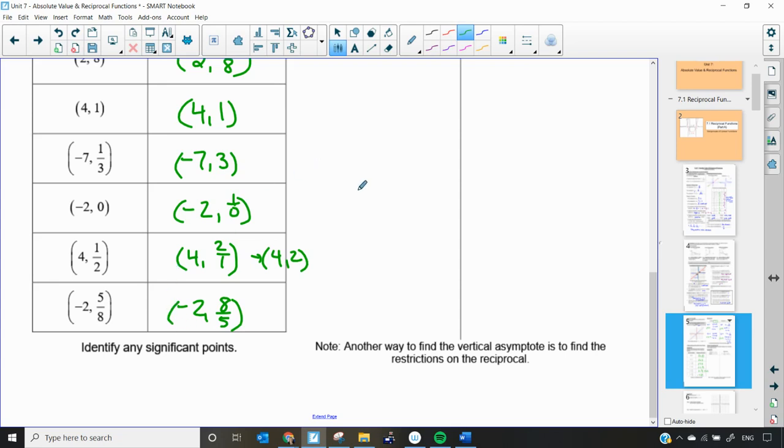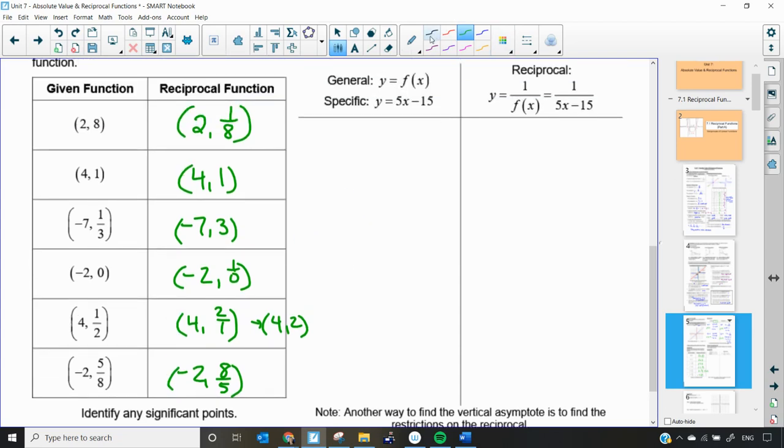Now, if we take a look back at this graph, there are some significant points here. So we have 4 comma 1 and 4 comma 1. These stayed the same, so this would be called an invariant point. And notice again, our y value is 1. So anytime that our y value is 1 or -1, we're going to have an invariant point.